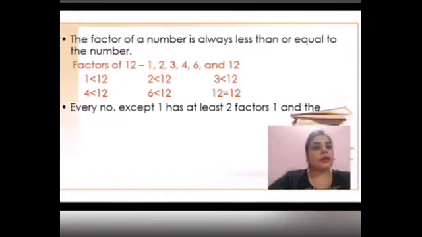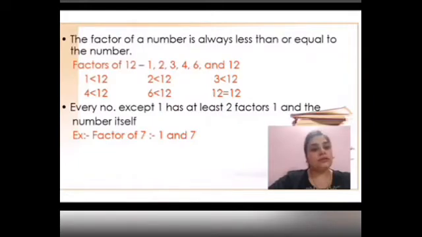Next, every number except 1 has at least 2 factors, that is 1 and the number itself. Let us see with an example the factors of 7. Here we have to find the pair of numbers which give the product 7. We can only find one pair, that is 1 and 7.